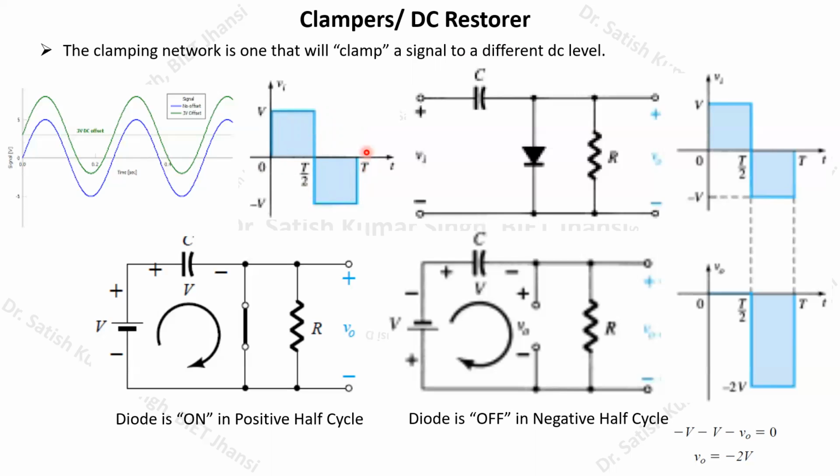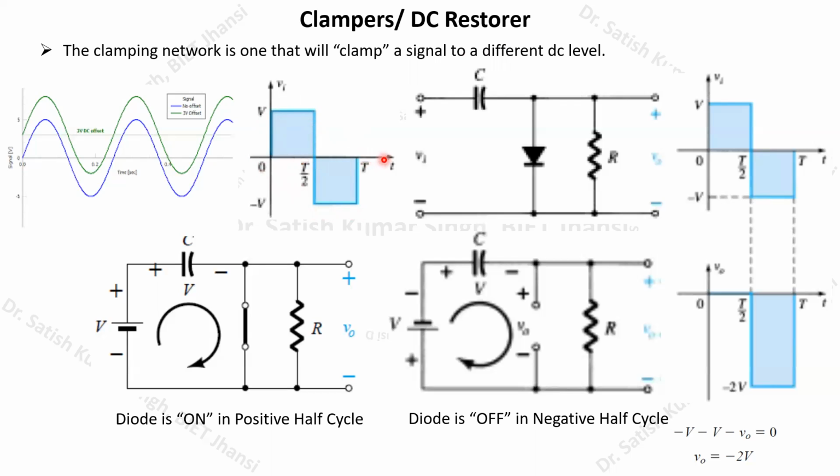Therefore, its corresponding DC level equals 0. That is also visible from the graph itself: this waveform is symmetrically arranged around the 0 volt axis.